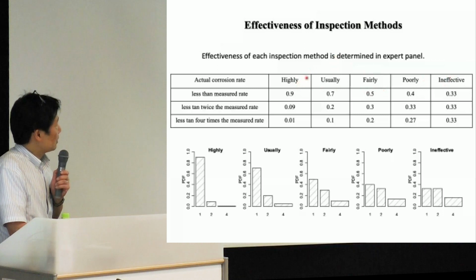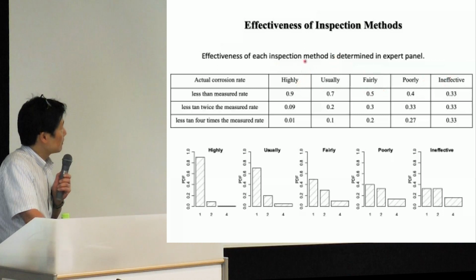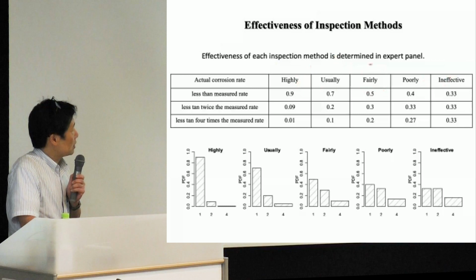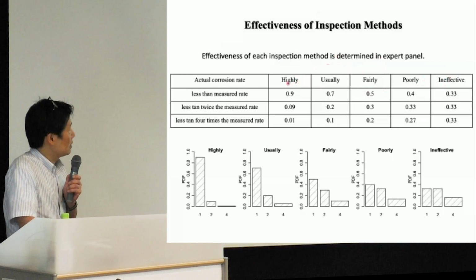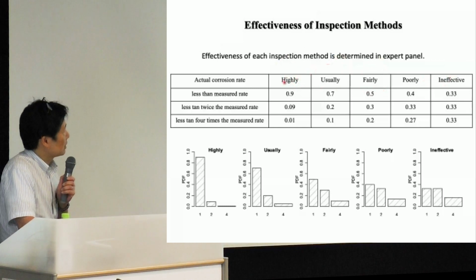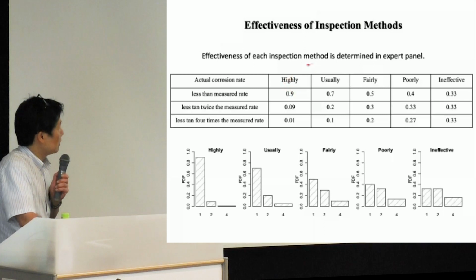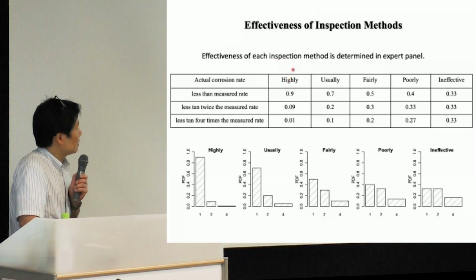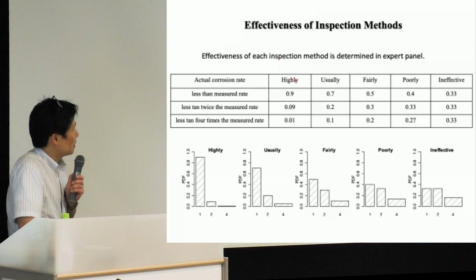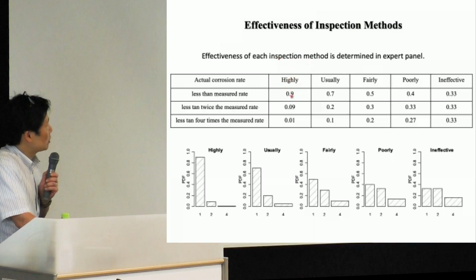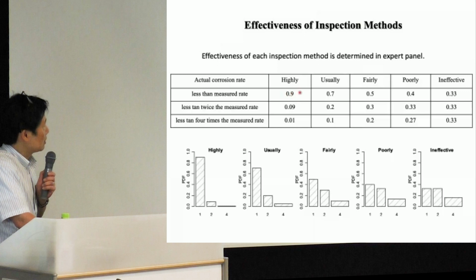And for each inspection, an expert panel determines the effectiveness of this inspection. For example, if the effectiveness of inspection is high, in this case, the probability of a correct answer is 0.9.